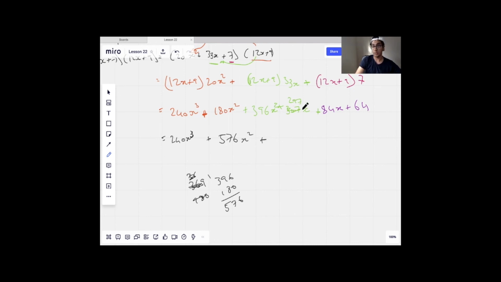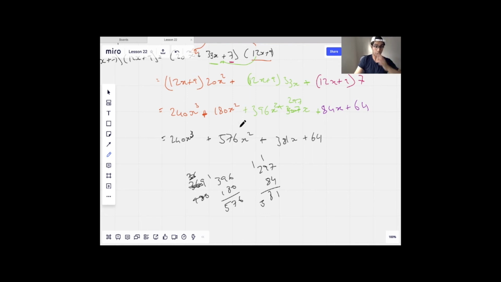And then 297 plus 84. So 7 plus 4, 11, carry the 1, 9 plus 8 plus 1, 18, carry the 1, 381. 381x plus 64.